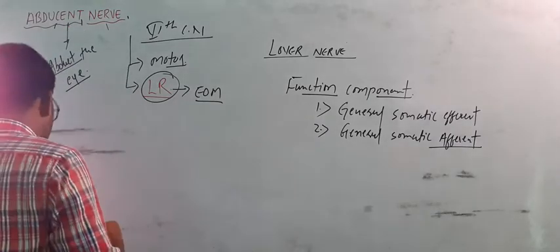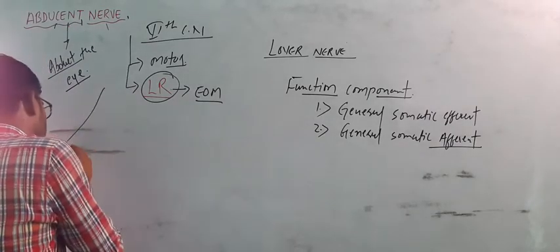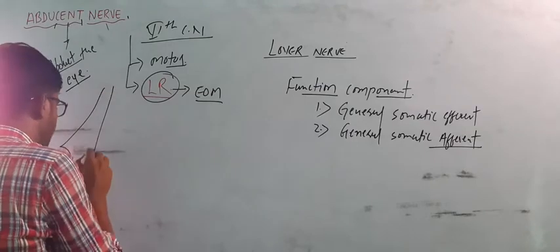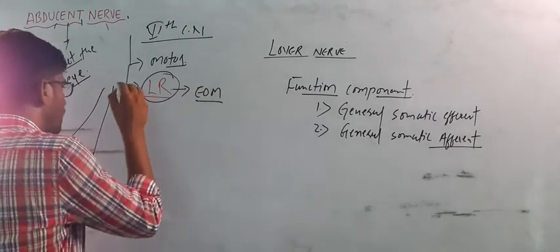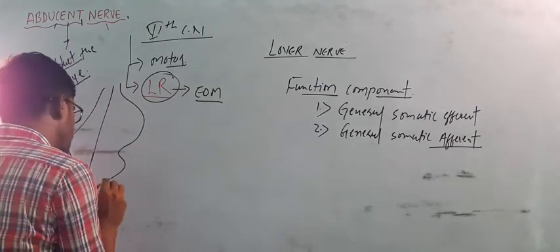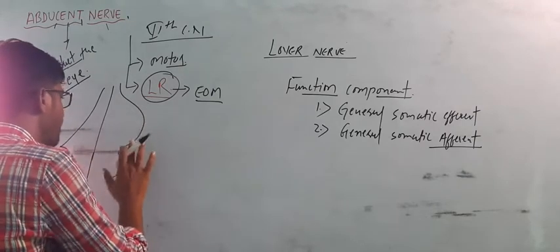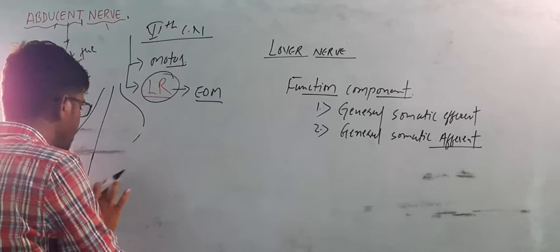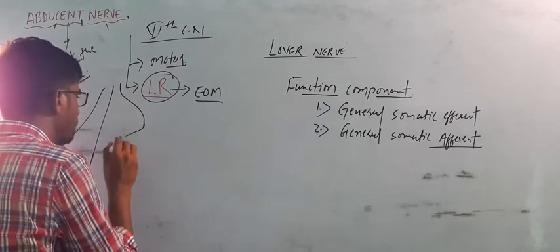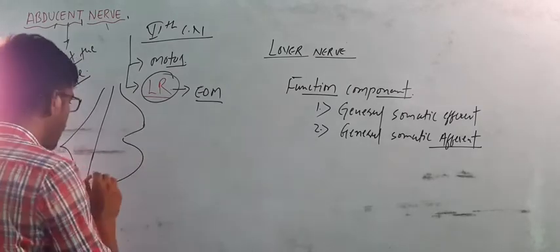Now we have to see the course. Here is the pons, here is the midbrain, and here is the medulla oblongata.